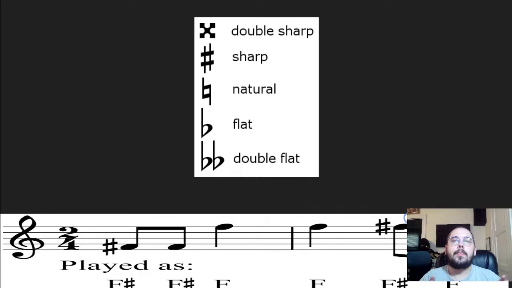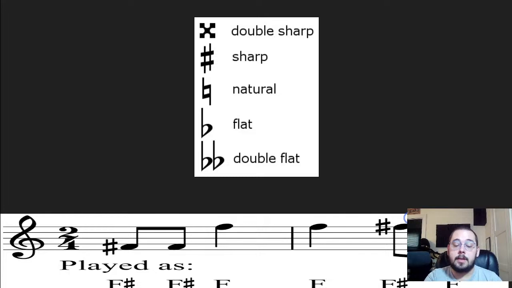So again, a sharp looks like the tic-tac-toe or hashtag sign, but it's got that kind of pivot to it. That tells us to raise the pitch by a half step. So if this is F, instead we'll move up on the keyboard to F sharp. And that happens to be this black key right there.